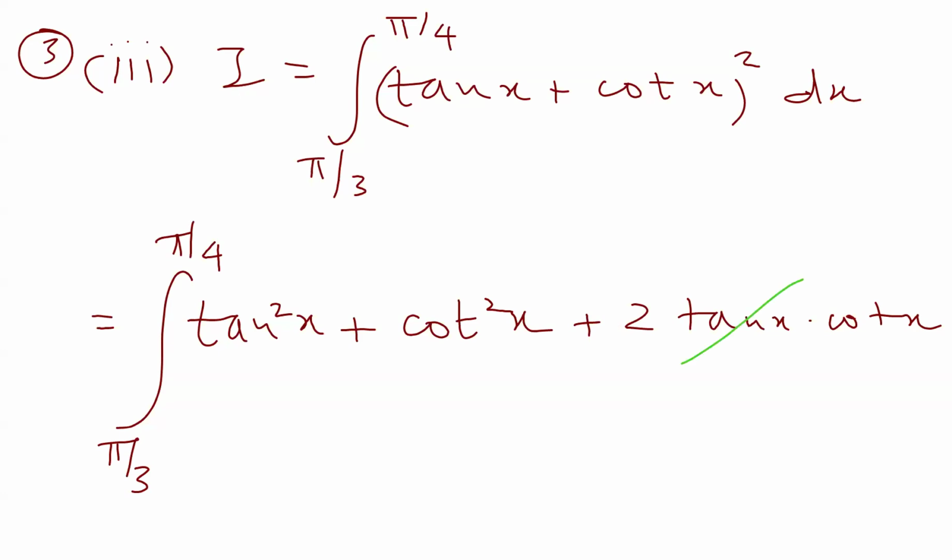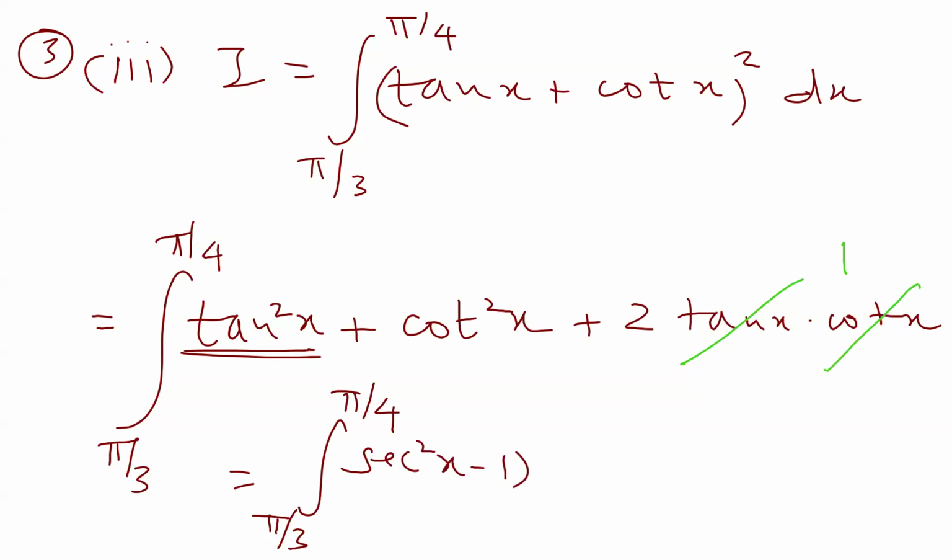What is tan x into cot x? This is 1. Tan square x is sec square x minus 1.